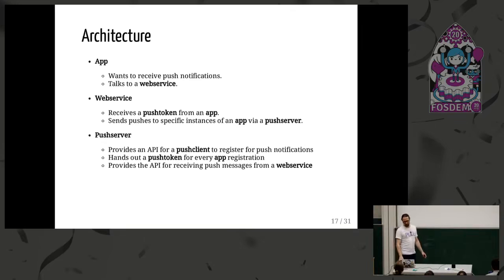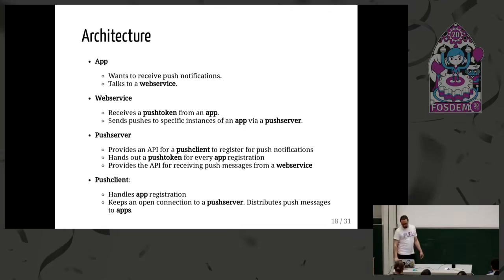It generates those push tokens and stores the matching of a phone or a push client to the push token. And then it provides the API to the web services for receiving incoming pushes, and it forwards them to the push client. The push client in this model is an app running on your Android phone.